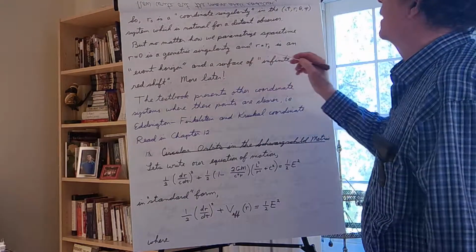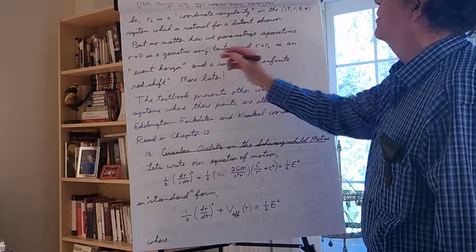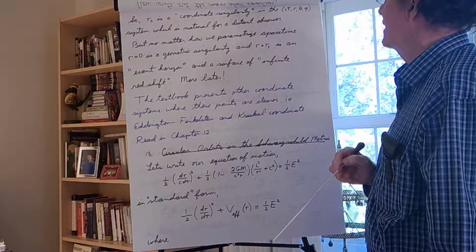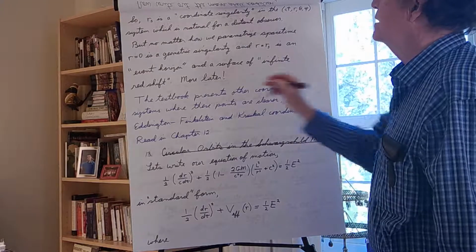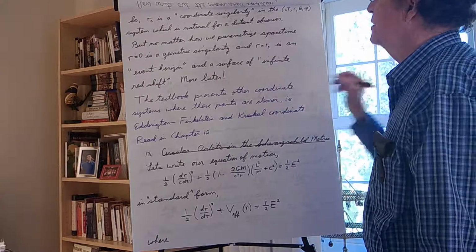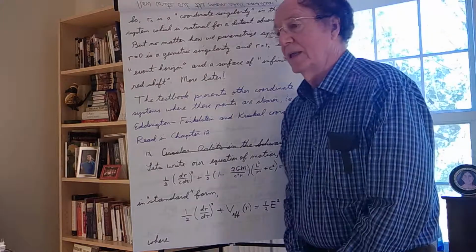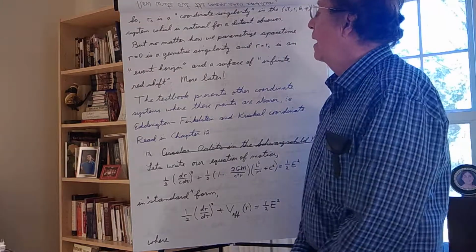We can show that no matter how we parameterize space-time, R equals 0 is a geometric singularity, and R equals R_S is an event horizon, and also a surface of infinite redshift, and we'll be discussing that and making that compelling as we go.